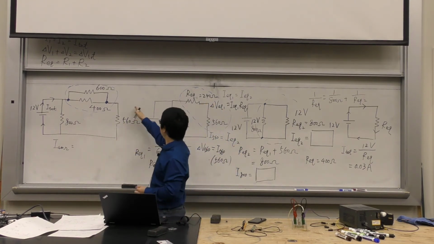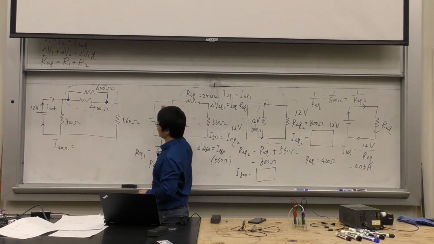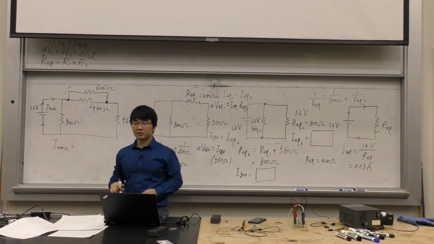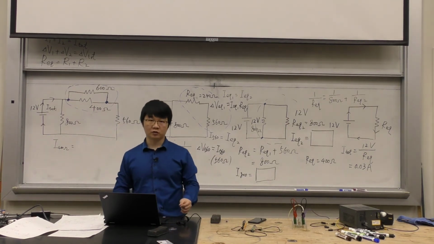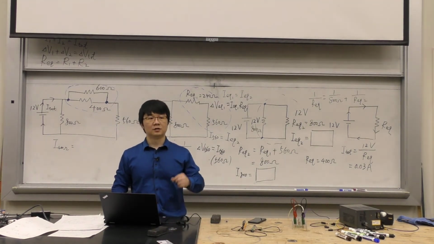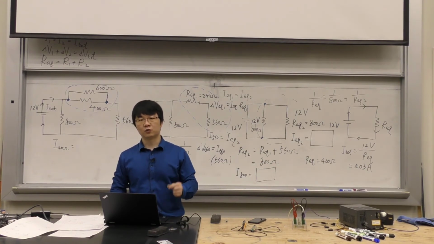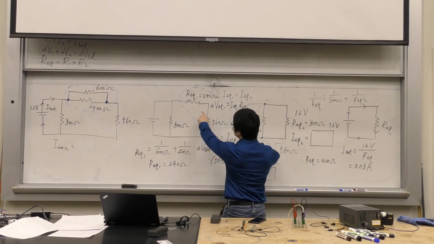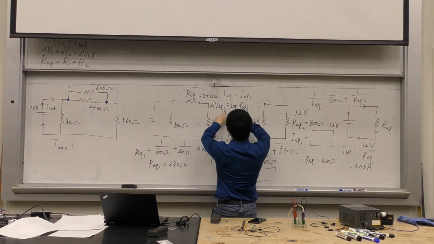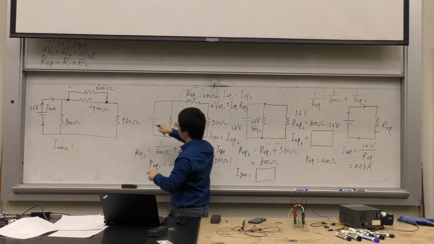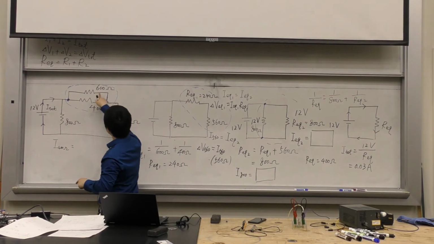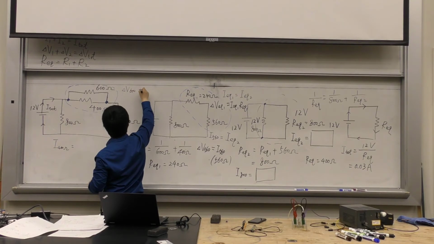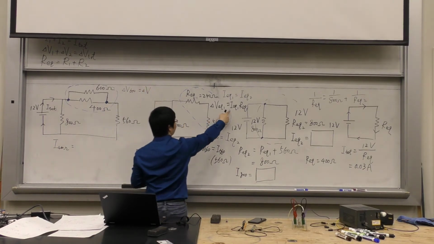That's the only difference between these two diagrams. Because they are in parallel, they must have the same voltage, right? That's the theory for parallel. They must have the same voltage as well as their equivalent. So this voltage is going to be the same as this voltage and this voltage. So if I want the voltage on this 600 ohm resistor, that's going to be the voltage I found here.